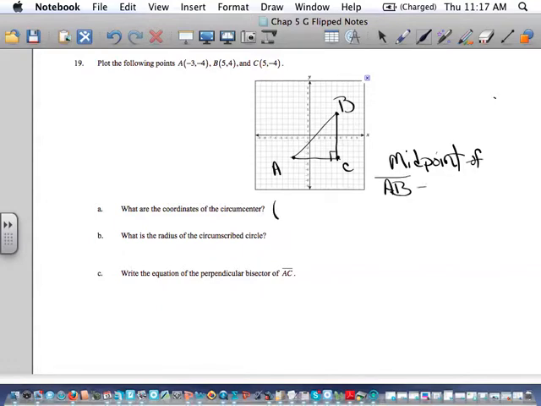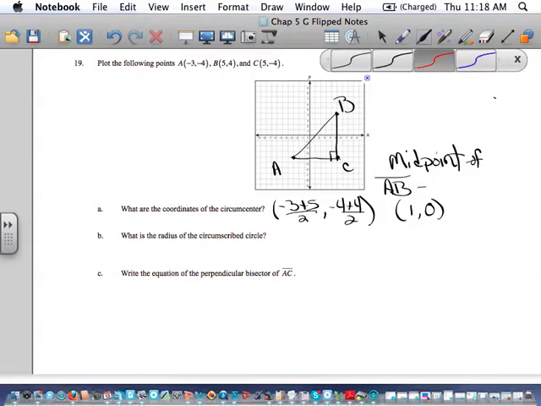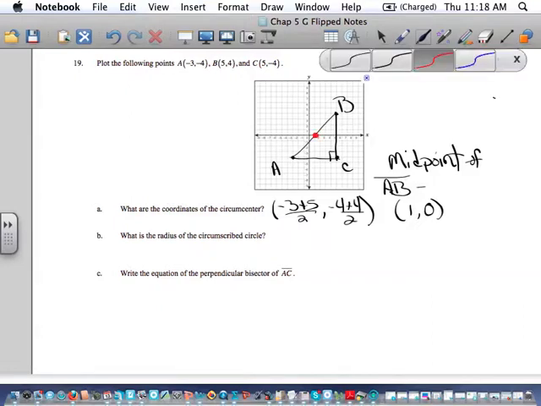So here I have -3 plus 5 over 2 and -4 plus 4 over 2, which is going to give me a midpoint of 2 over 2, which is 1, 0 over 2, which is 0. So the midpoint is going to be here at 1, 0.